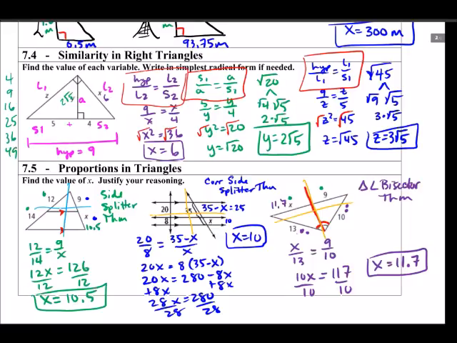And then 7.5, we had our 7.5, because one's a corollary, special situations that deserve their own theorem. When requirements are met, you know that things are proportional. Are parallel lines or an angle bisector.